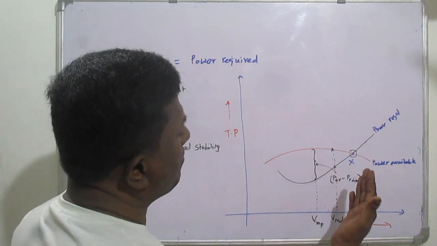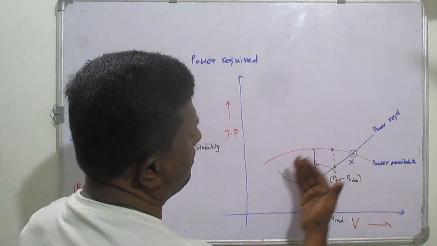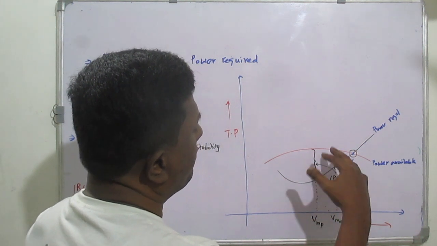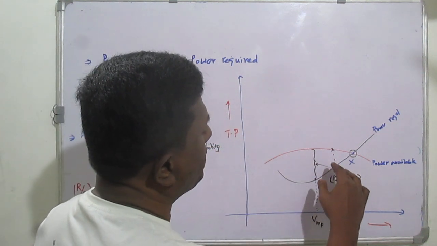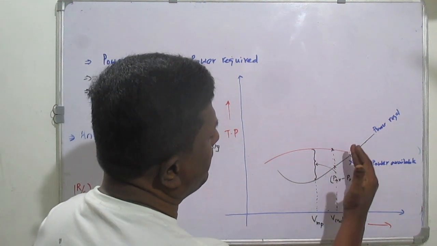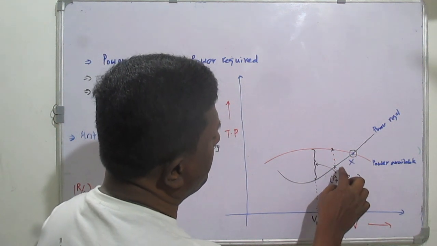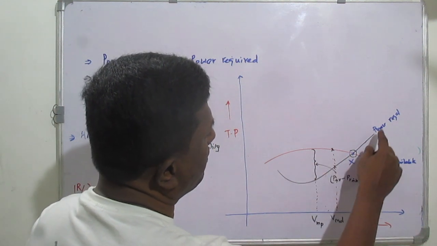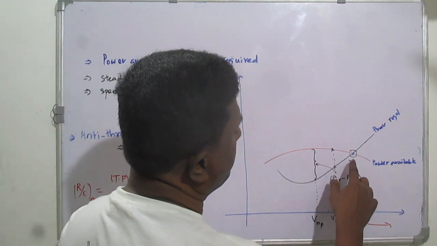If the aircraft is flying with some velocity below the speed stability point, and we want to fly in steady level flight, then we need to go back. So we are flying with some velocity that is less than the speed stability point. Then by changing the power available and power required conditions, we can go back to the speed stability.